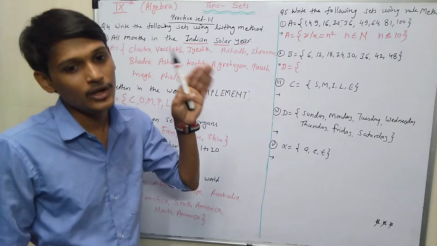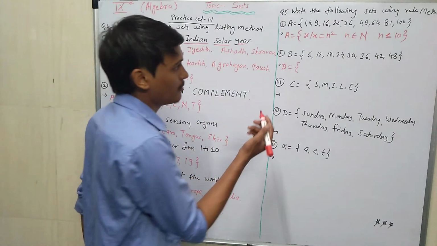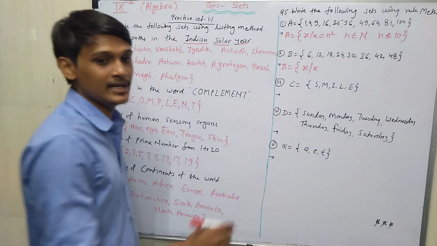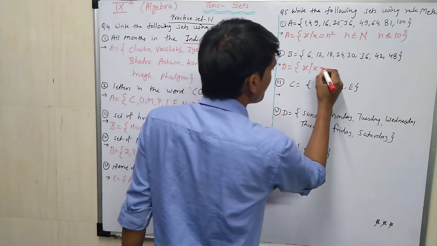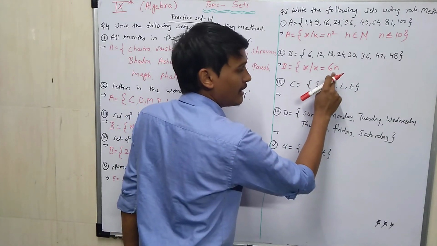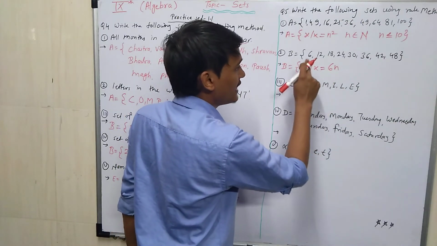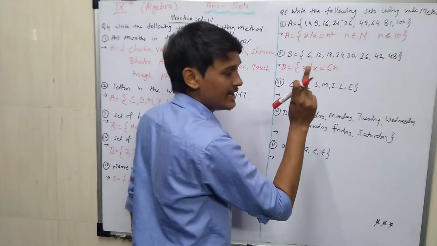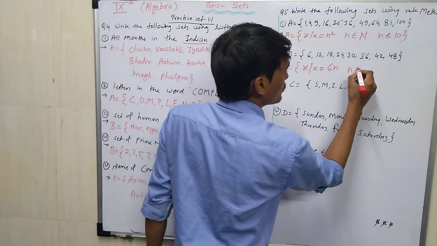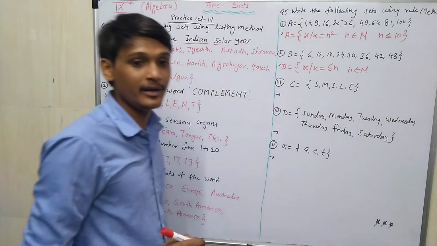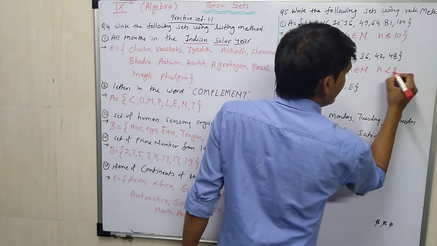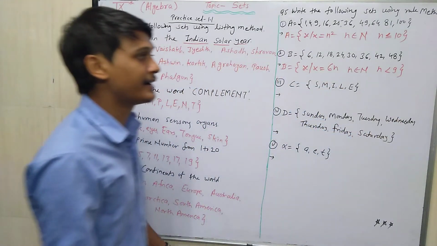You can also write it another way: x such that x is equal to 6n. I am assuming 6n. Why? Because 6 into 1 is 6, 6 into 2 is 12. Then n belongs to N, but here n is less than 9.